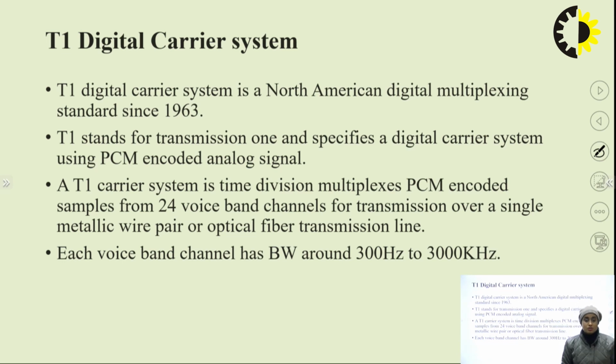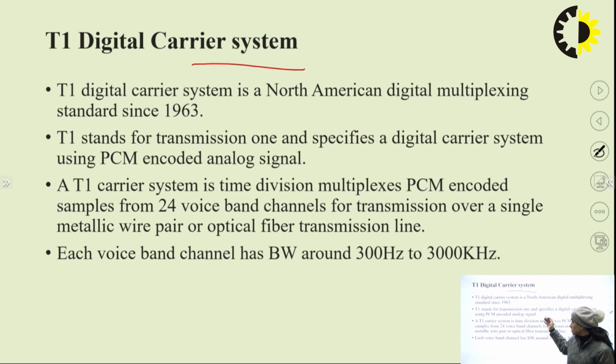Now, one of the prime examples of time division multiplexing is the T1 digital carrier system. This is one of the classical examples of time division multiplexing.